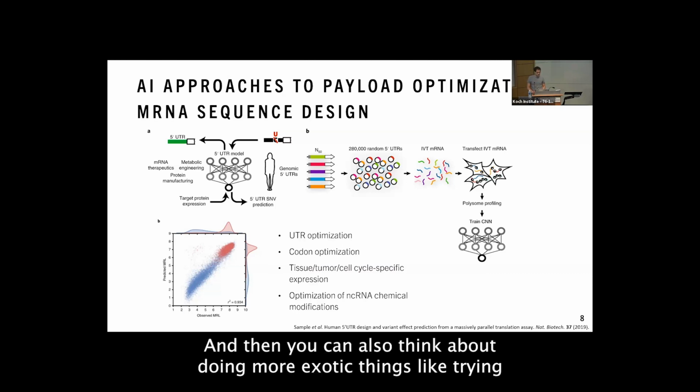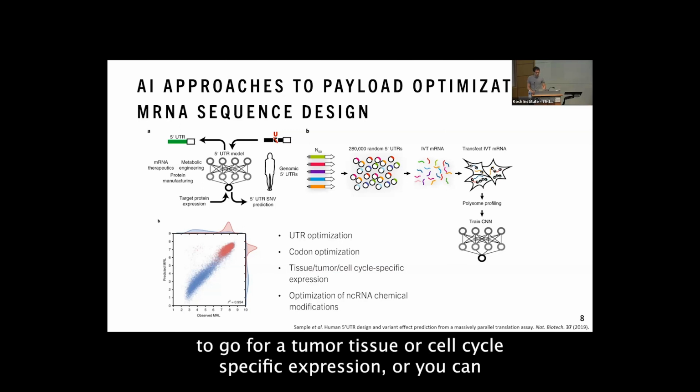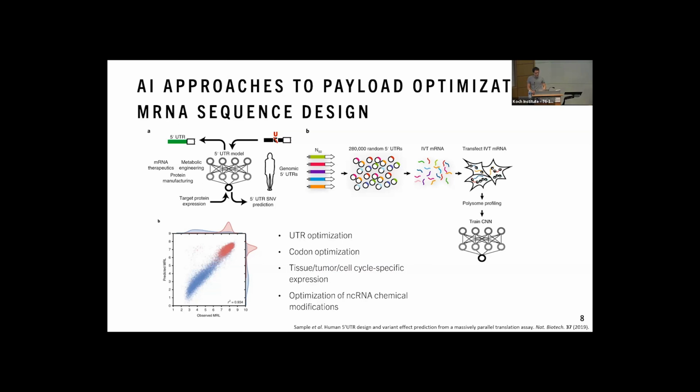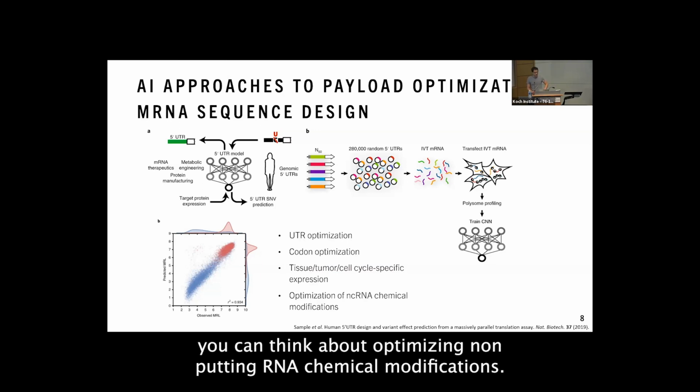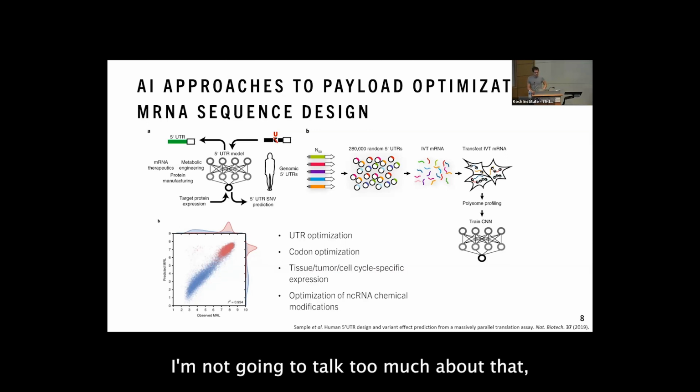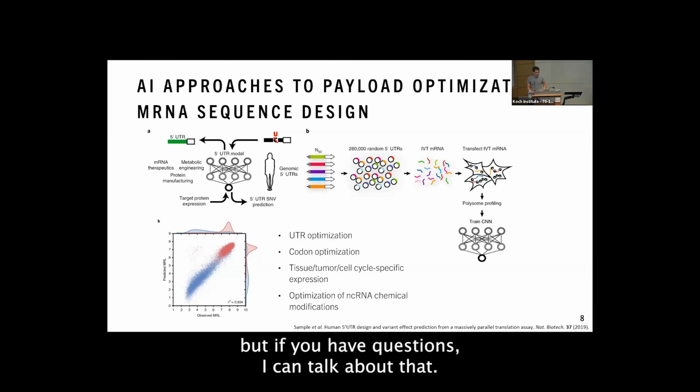Then you can also think about doing more exotic things, like trying to go for tumor, tissue, or cell cycle specific expression. And this is a bit of a separate thing, but in terms of payload optimization, you can think about optimizing non-coding RNA chemical modifications. I'm not going to talk too much about that, but if you have questions, I can talk about that.